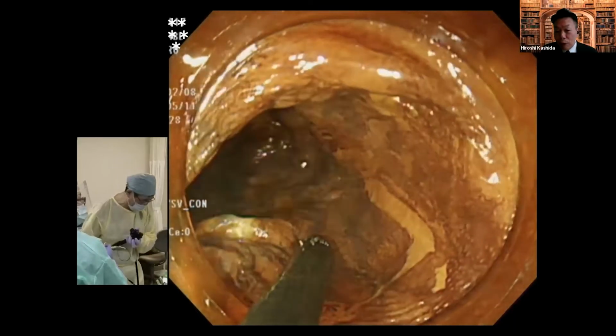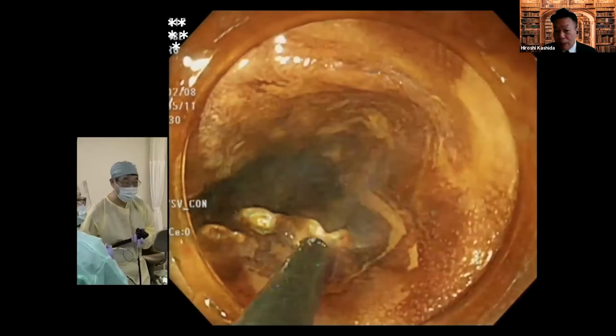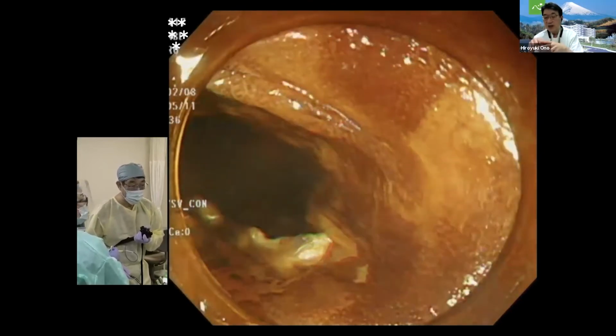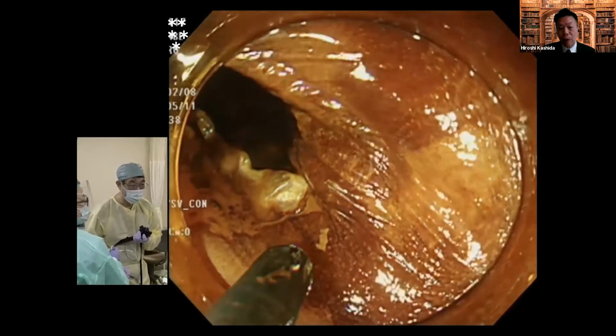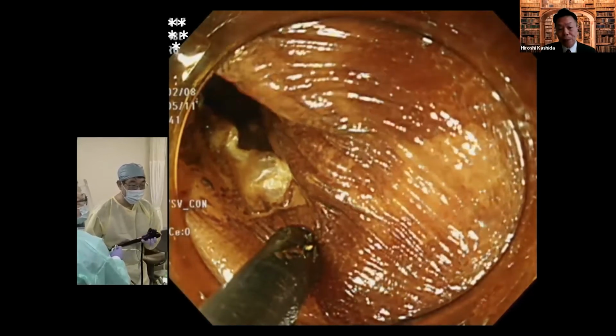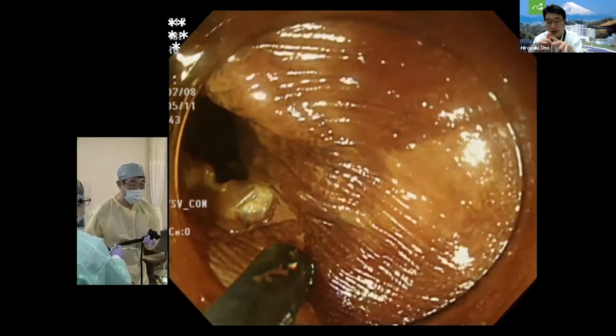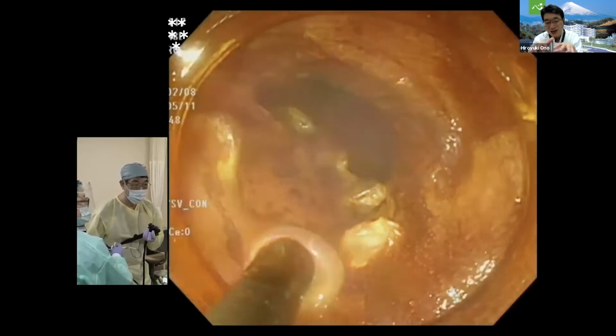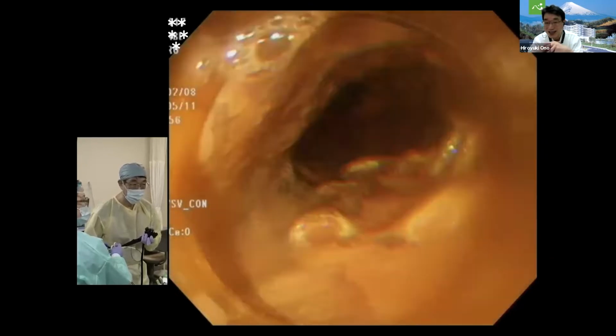What kind of knife are you using for marking? Is it IT nano? This is a needle type. Needle knife, of course. I use a spray coagulation mode, like APC.